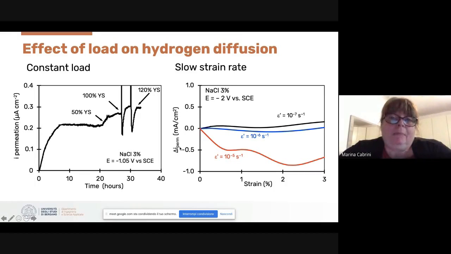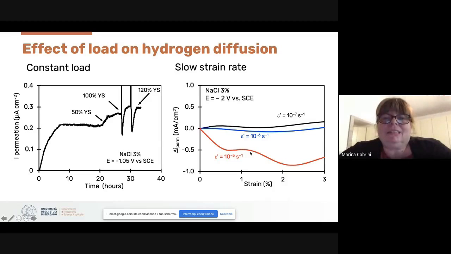What happens when the load is not constant but the specimen is continuously deformed? We can observe this effect using this slow strain rate test, in which we measure the variation of the permeation current, subtracting the contribution of the anodic current, using different strain rates.